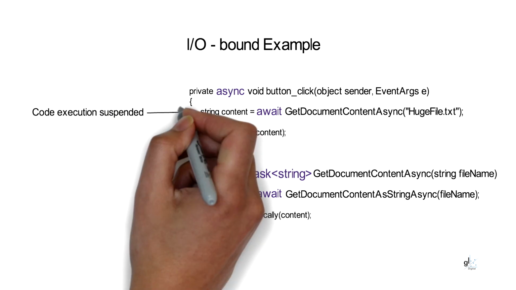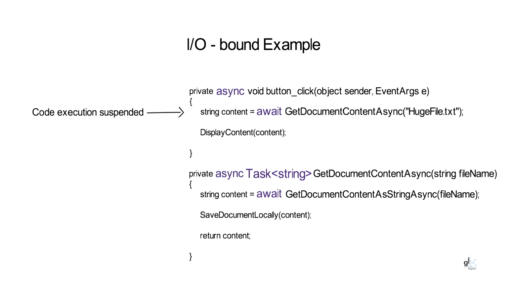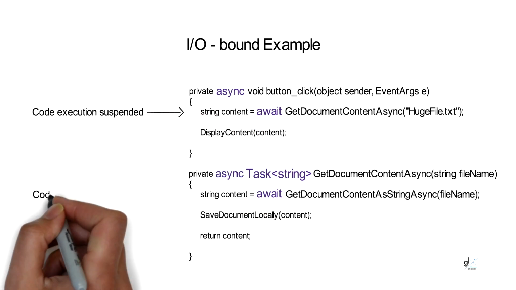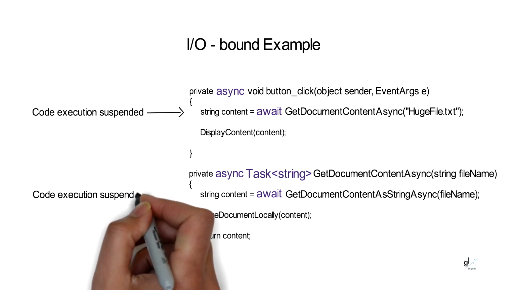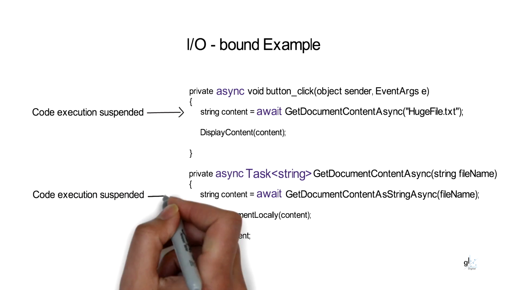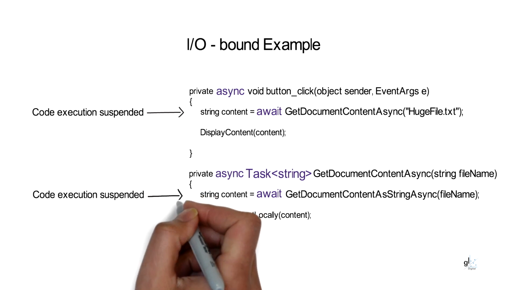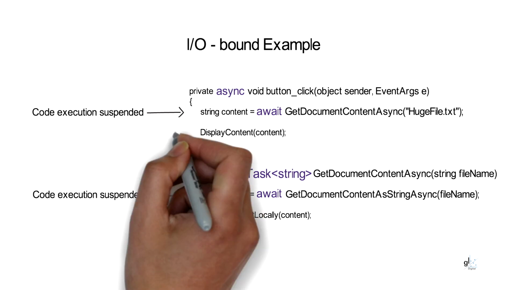While the asynchronous I/O-bound operation is running, however, the UI thread can be used to process other operations, for example, invoked from clicking another button on the UI. But a promise is returned to the line of code containing the await operator.